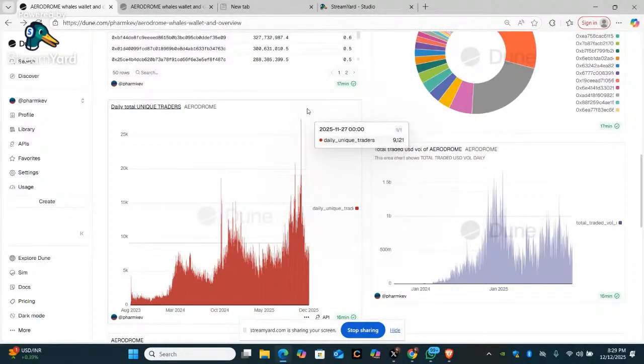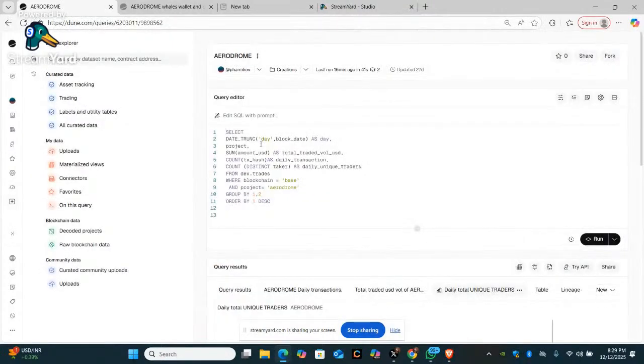So if we go into the query, you see that this query just brought out a count of daily transactions, here.